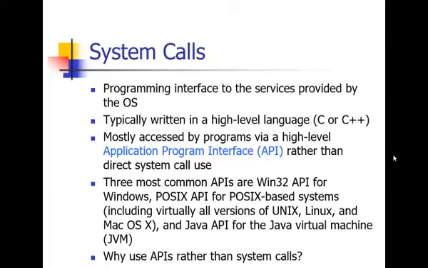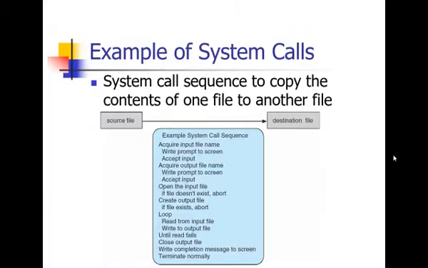So the application does not directly connect to the system call, it connects to the API. The API will identify what are the necessary system calls that are required for certain tasks.